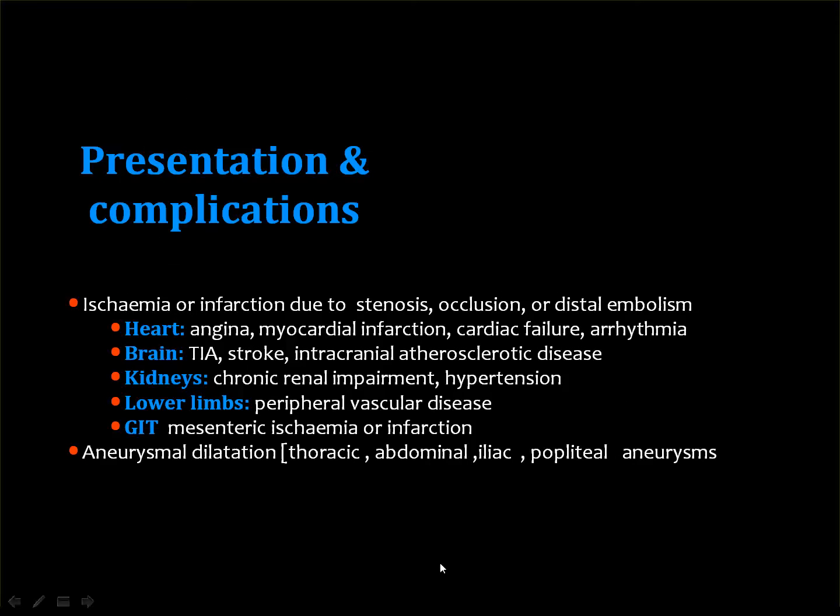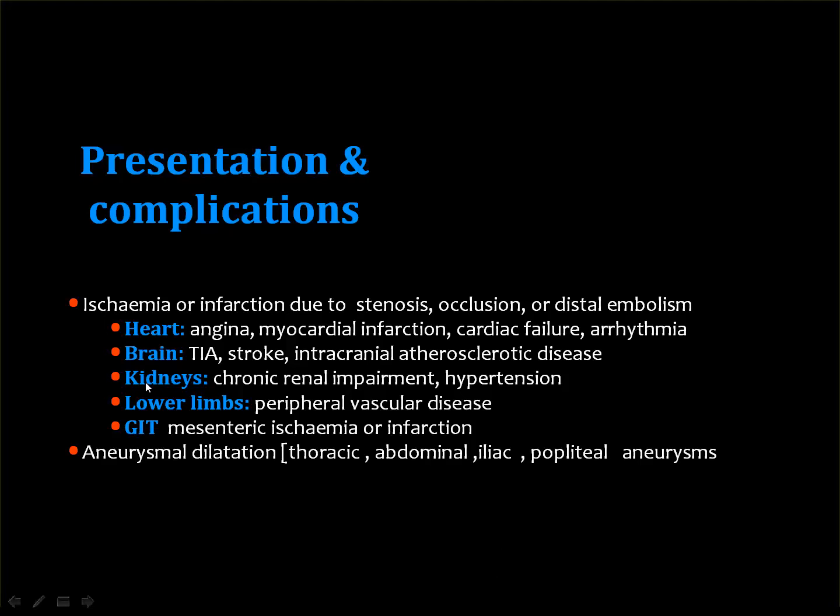Then, according to the site of the plaque and the degree of encroachment on the vessel lumen, these organs will be affected. In the heart, there may be angina, myocardial infarction, cardiac failure, or arrhythmia. In the brain, there may be transient ischemic attacks, stroke, intracranial subcortical arteriosclerotic encephalopathy, which is one of the famous diseases, particularly seen in old patients and hypertensive as well as diabetics.